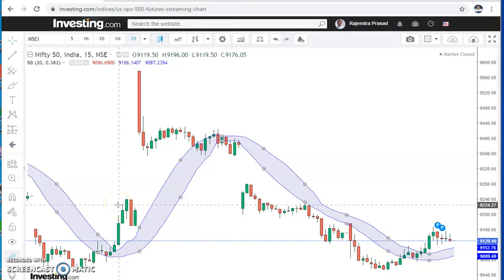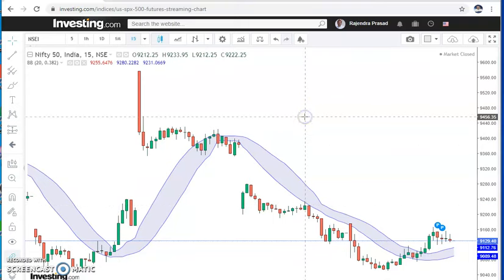Whenever you get 40, 50 points profit, if you are trading one lot, you book your profit. If you are taking multiple lots, you take out one lot profit and trail your stop loss for the remaining. That is the most important.